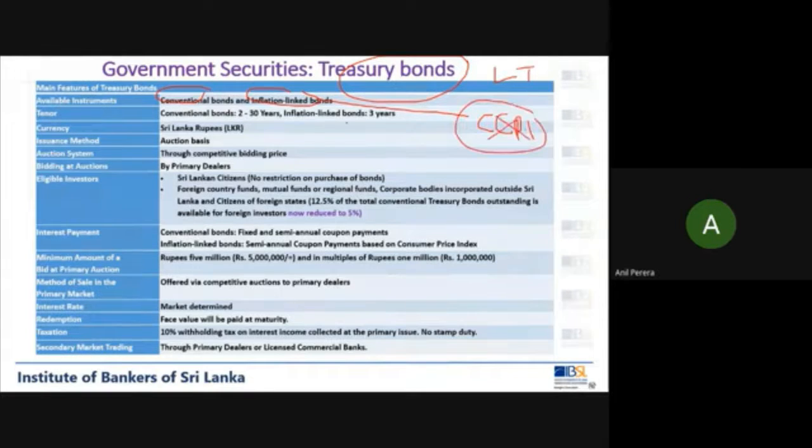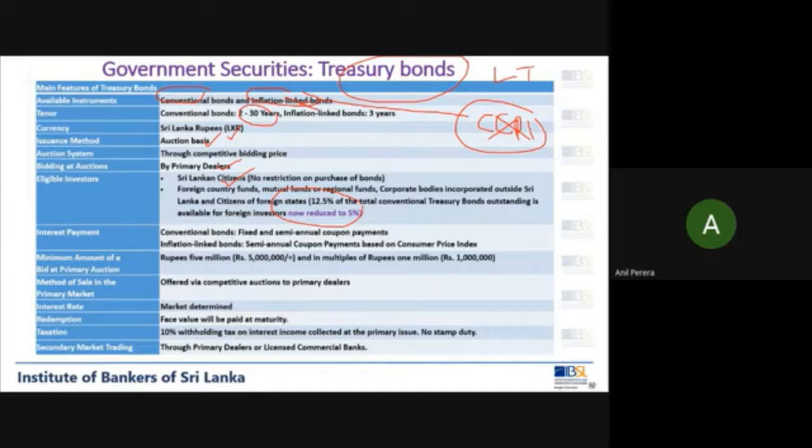Nowadays we don't issue these bonds, but in Sri Lanka we have these. Normally, conventional means traditional bonds, 2 to 30 years, a longer period, issued in LKR, on an auction basis, through primary dealers. Sri Lankan citizens can buy, and also foreigners can buy up to 5%, right?